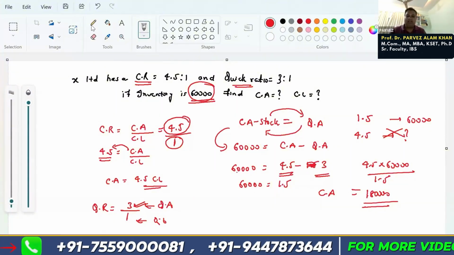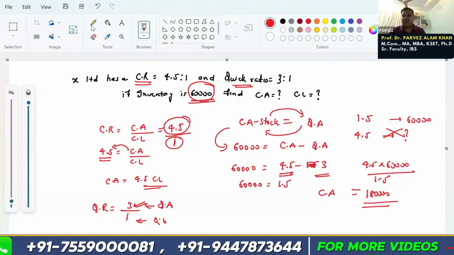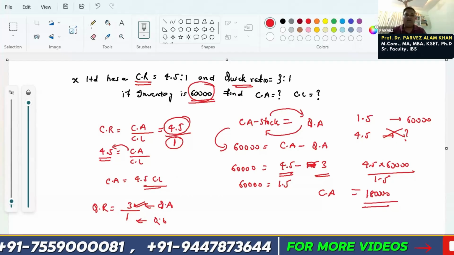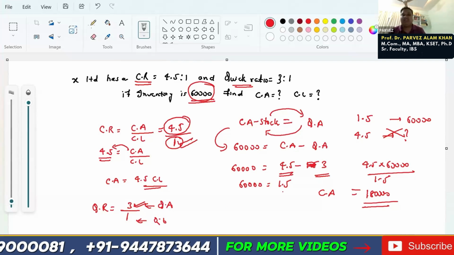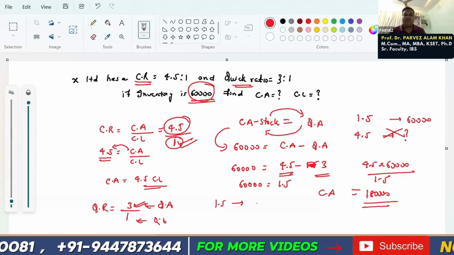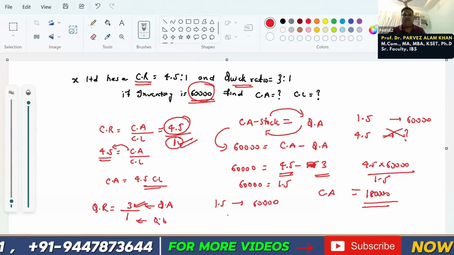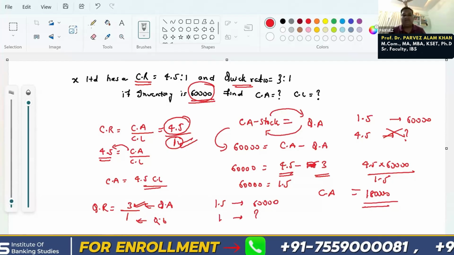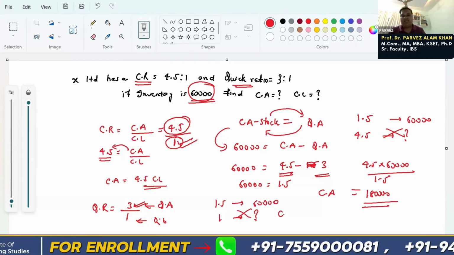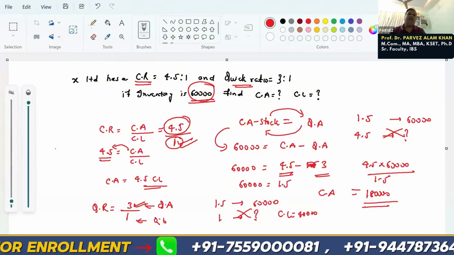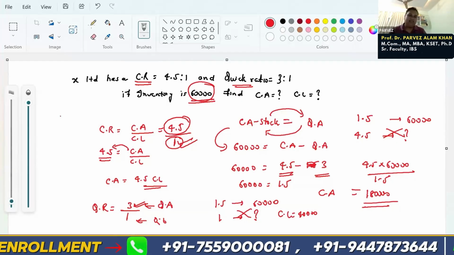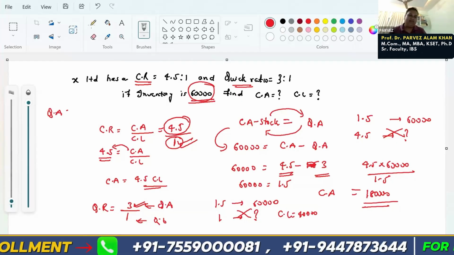So your current asset, how much did we get? 1,80,000. Similarly, you can find current liability also. For current liability, what are you seeing? 1, right? If 1.5 is 60,000, then 1 will be how much? 40,000. So your current liability is 40,000. Similarly, if we have to find quick asset, tell me.